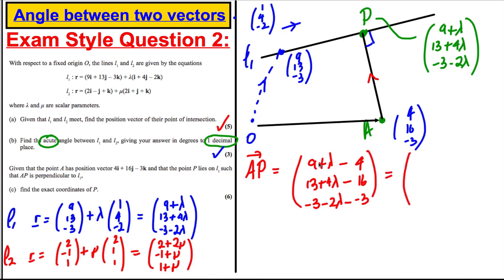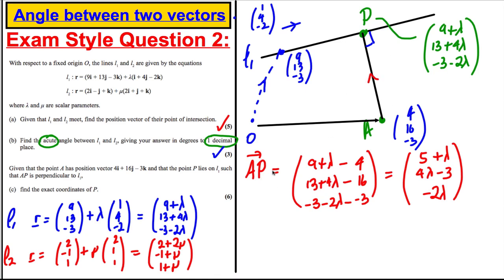If we work that out, it would be equal to 5 plus lambda, 4 lambda subtract 3, and in the last case, negative 2 lambda. So that's the direction of AP.